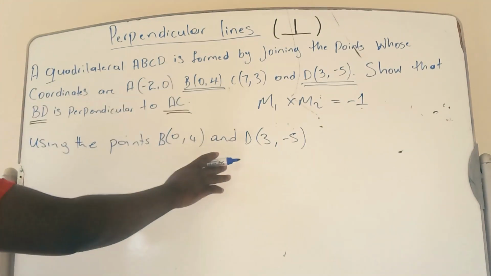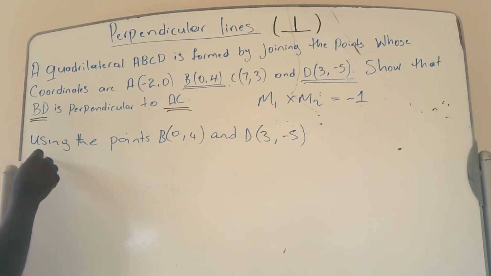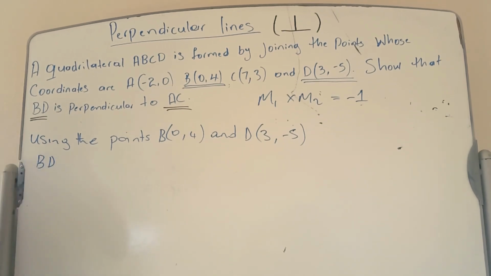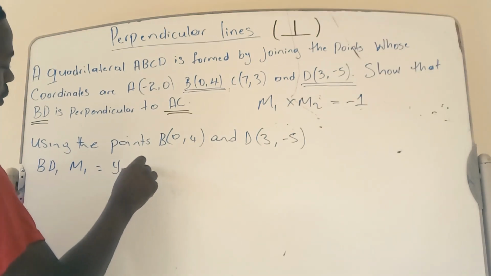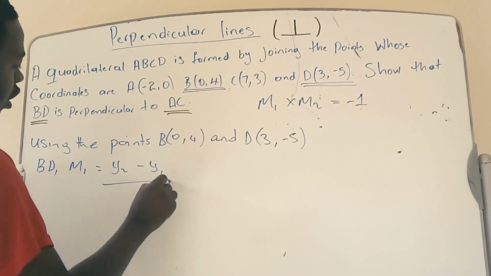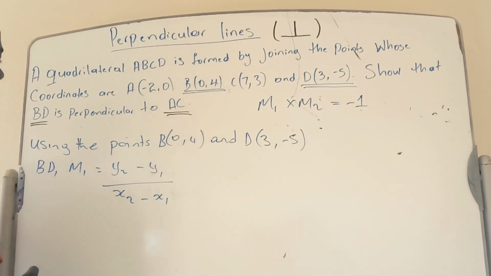Now, if we're using these points, we can say that the gradient of BD, in this case we are going to call it M1. So we can say that M1 is equal to Y2 minus Y1, all of that divided by X2 minus X1.